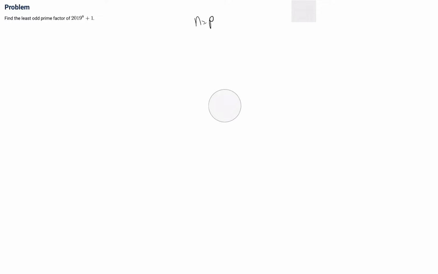Okay, let's try to solve this hard AIME problem. Basically, find the least odd prime factor of 2019 to the power of 8 plus 1. Let's say this number is going to be a multiple of p. So then 2019 to the power of 8 plus 1 is congruent to 0 mod p.